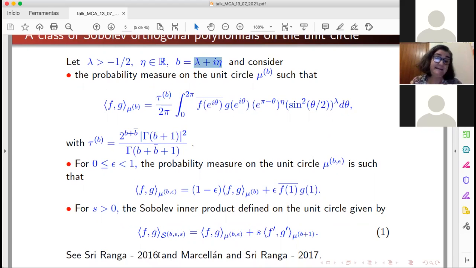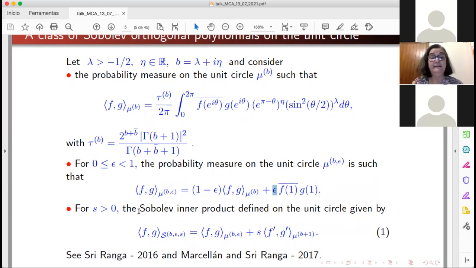In these two papers, they also deal with another measure that is a modification of mu b, where they take a parameter epsilon between 0 and 1, and they created this measure mu b epsilon, that is exactly mu b plus a mass on the point 1 of size epsilon.